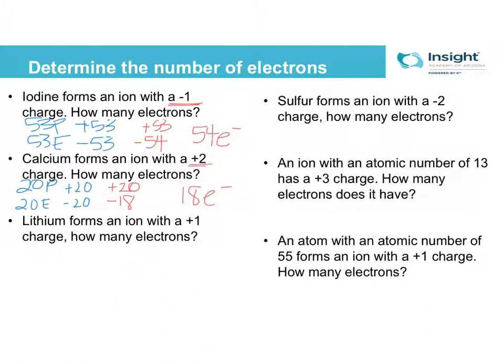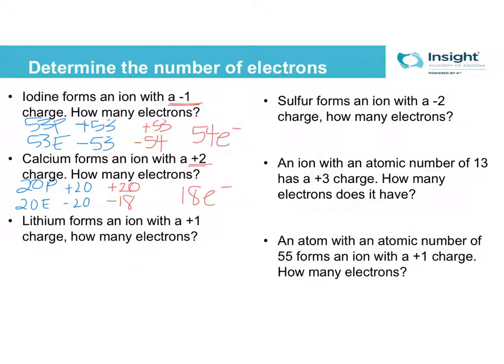And then I want to go over one other example. All right, so we've got this here. An ion with an atomic number of, what does that say, 13, has a +3 charge. How many electrons does it have?